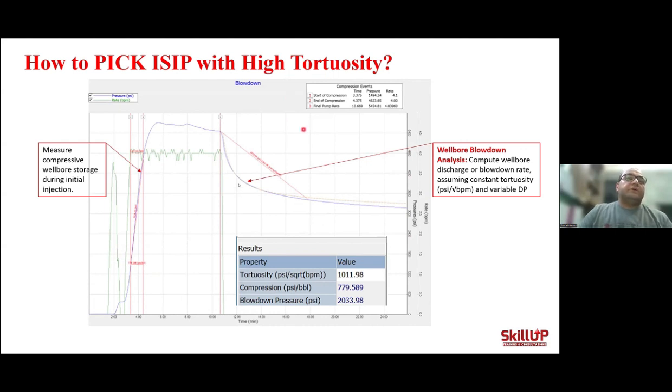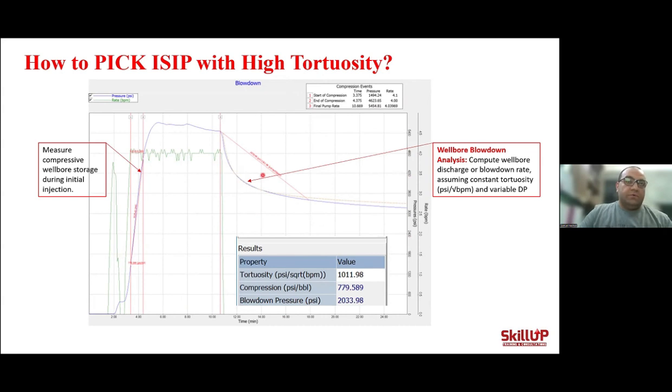This is a little bit complicated issue, and the best way to get the ISIP is by doing a wellbore blowdown analysis. This wellbore blowdown analysis comes from Barree, from GOHFER, and this is an advanced technique. And believe me, this is the most accurate technique to get the ISIP.